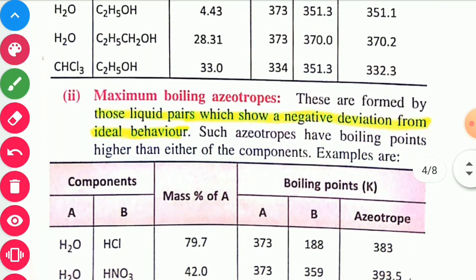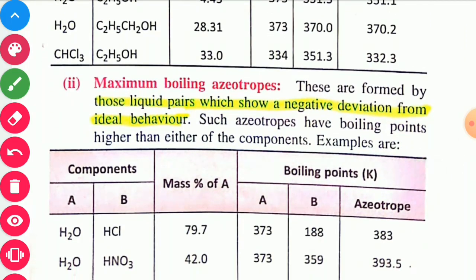Such azeotropic mixtures which show negative deviation are called maximum boiling azeotropes. So those liquid pairs which show negative deviation from ideal behavior are known as maximum boiling azeotropes. Such azeotropes have boiling point higher as compared to the components present in the solution.